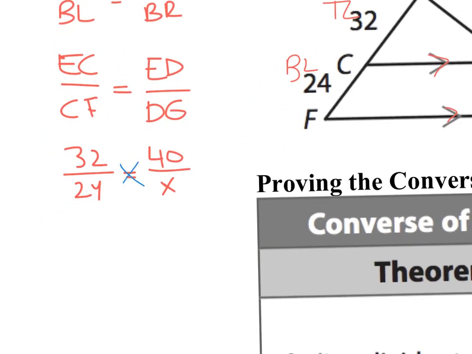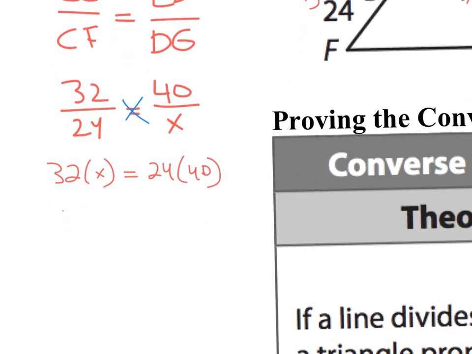Again, cross product: 32 times X equals 24 times 40, which gives us 32X equals 960. So divide by 32, divide by 32.